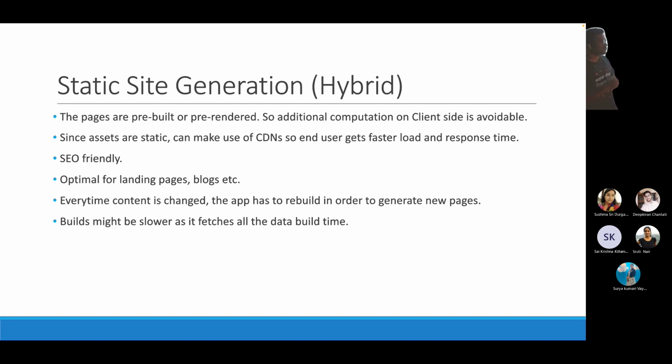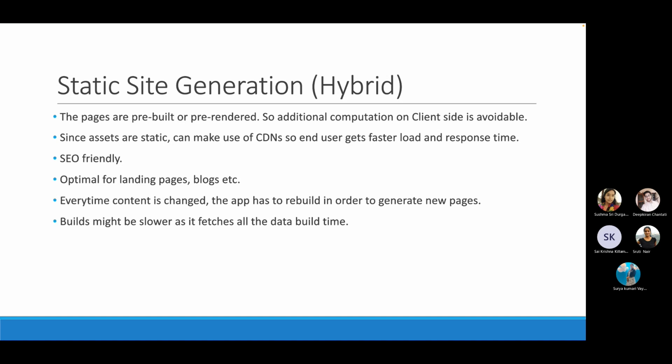How does it happen? There are libraries which take your data and build all those HTMLs which we are creating. In client side rendering, when we get the data, we render it, so at that time it's dynamic. In static site generation, we generate that HTML at build time.